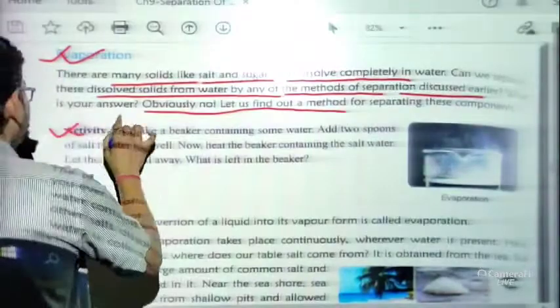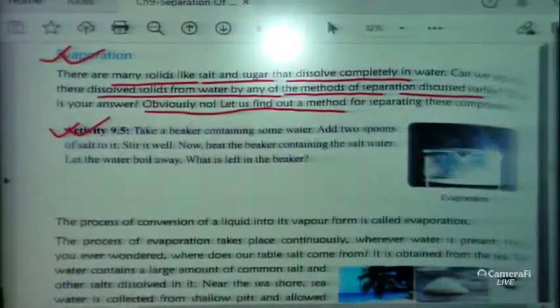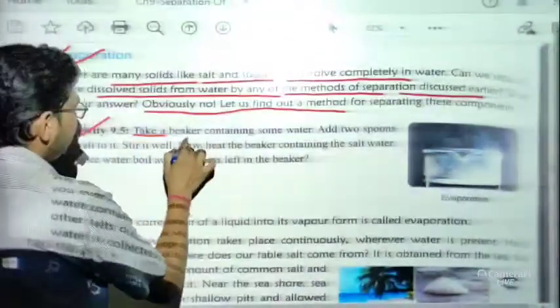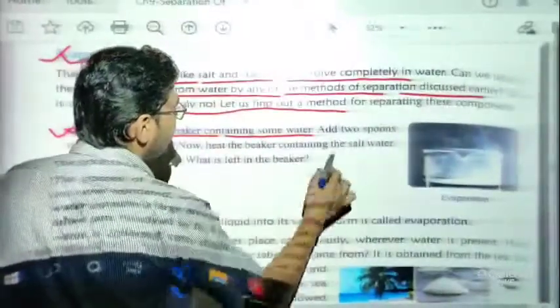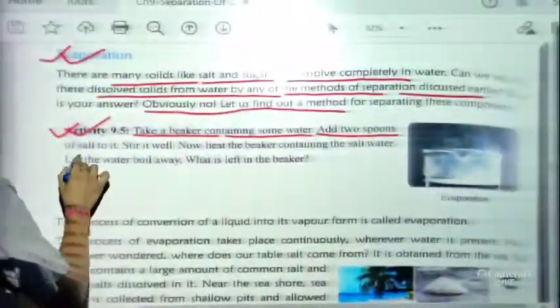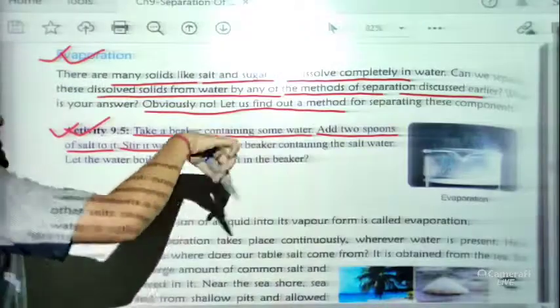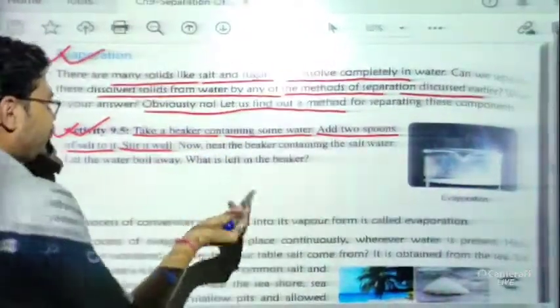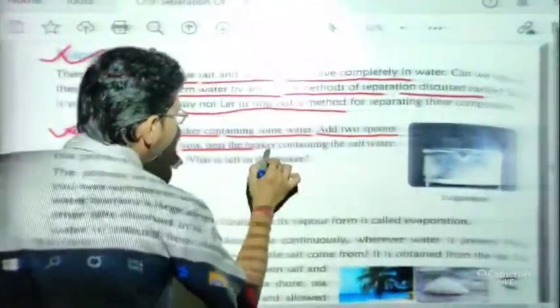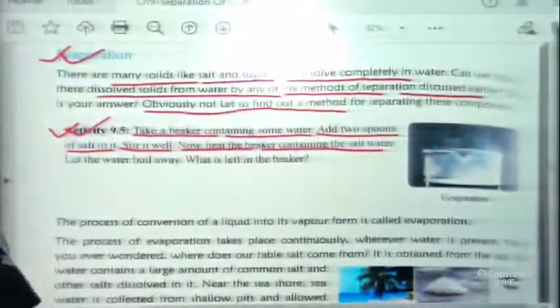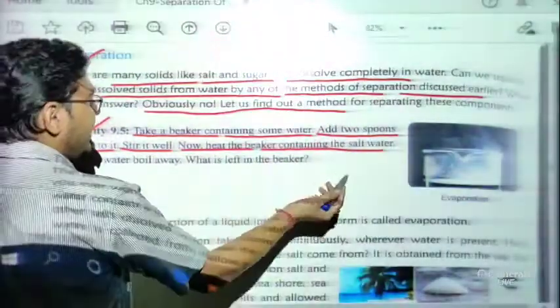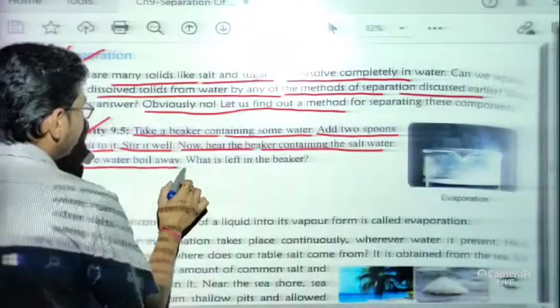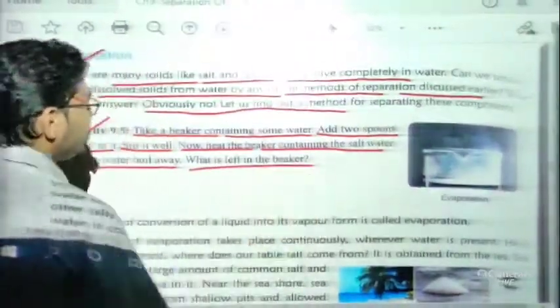So for this we have to discuss activity 9.5. What does this activity tell? Take a beaker containing some water, add 2 spoons of salt in it, and stir the solution properly so that the salt gets mixed in the water. Now heat the beaker continuously. Okay, heat the beaker containing the salt water and let the water boil away. Now what is left in the beaker?